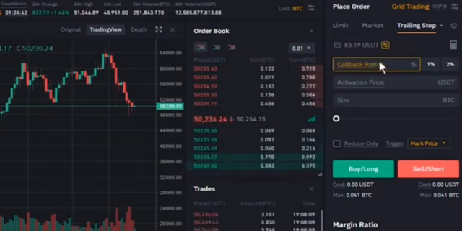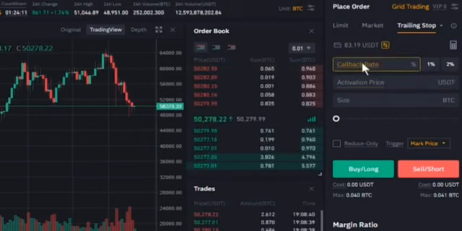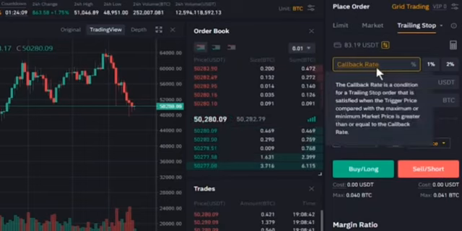So based on the percentage you enter here, you actually specify the distance that your stop loss is going to move with lag behind the price. And here you set the activation price, which actually triggers the trailing stop. So when the price reaches the activation price, a trailing stop lower or higher than the activation price becomes active with a distance that equals to the percentage that you enter here for the callback rate.